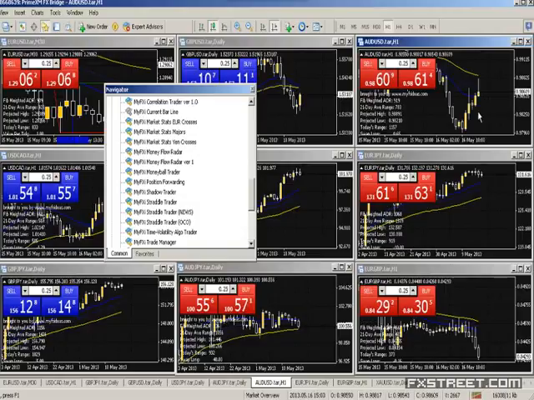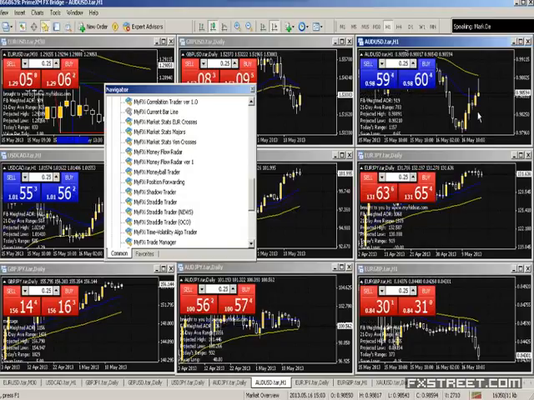Now, this cyclical volatility for me is a result of two things. It's the result of your natural human daily life cycle, and it's also a result of geography. So what do we mean by natural human daily life cycle? Let's put it this way.